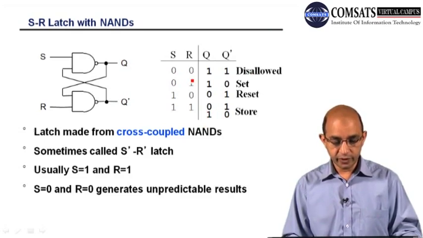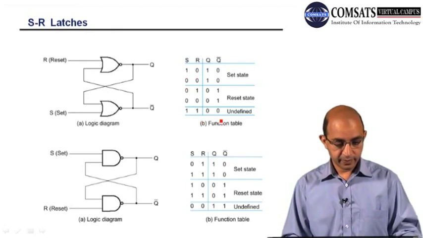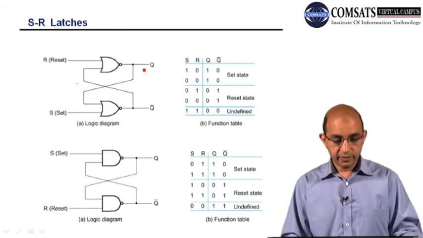So here we avoid 0 0, because this is the NAND, and for the SR latch with NOR gates, we avoid 1 1. So these are the latches.